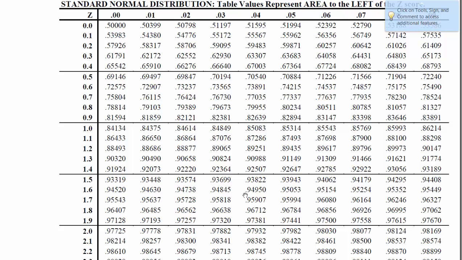I see that 0.94950 goes to 0.95053. And so my z-score will fall somewhere between 1.64 and 1.65. So I'm going to say this is 1.645 just to approximate it.